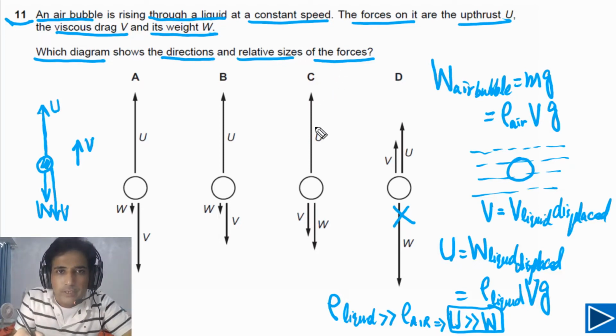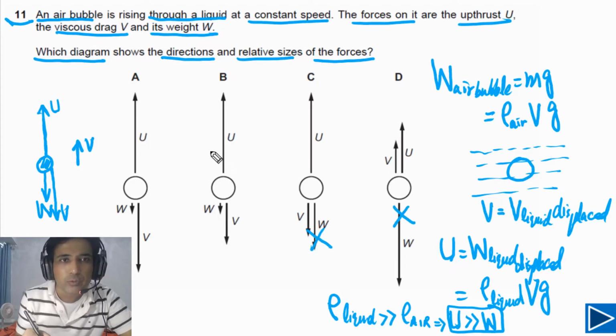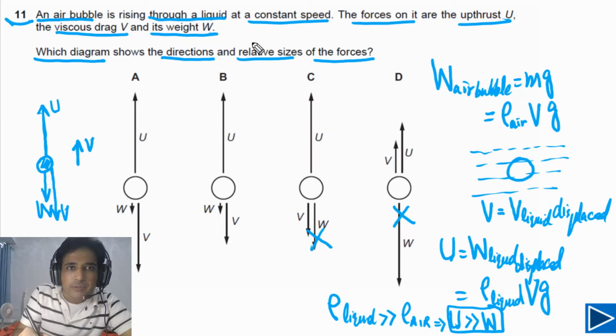Now option C is also not possible because W is close to upthrust. If we go to option B, as the bubble is moving at constant speed, it simply means that the net force on the bubble is equal to 0. Means upward forces are equal to downward forces.